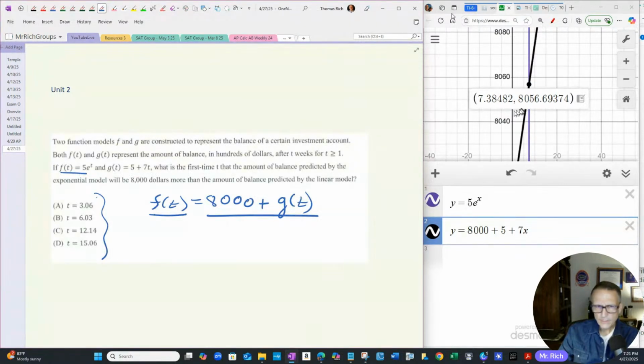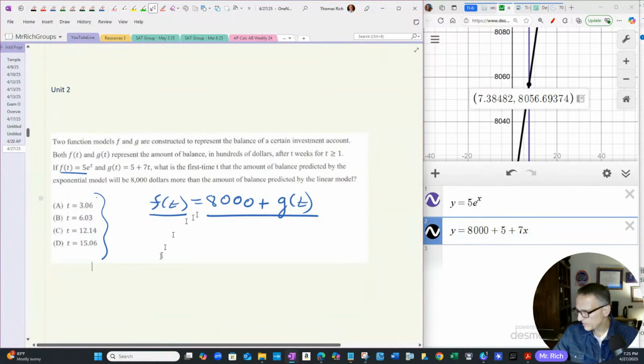Okay, let's see if I've got this in there right. 5e to the x. Yep, we've got that in there. Now for t greater than 1, what is the first time that it will be greater than? So that should be the number that I was looking for. Let's see, what else?